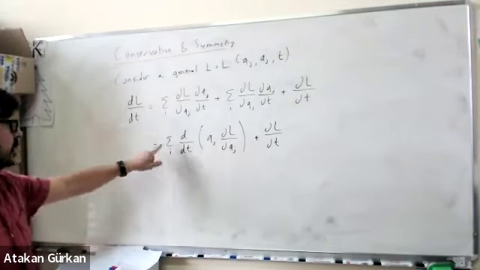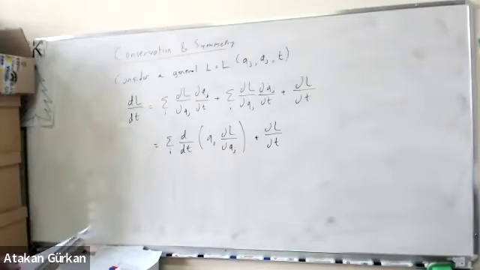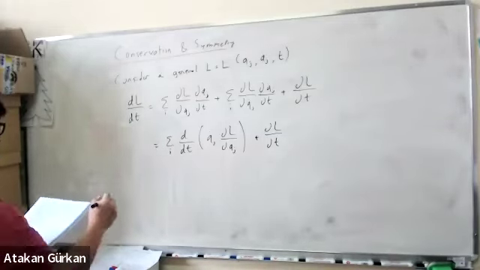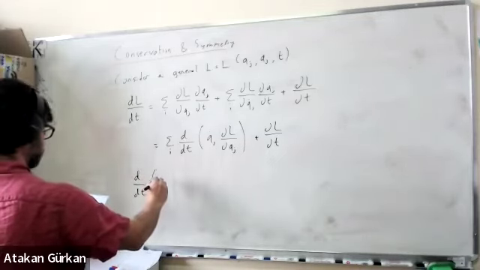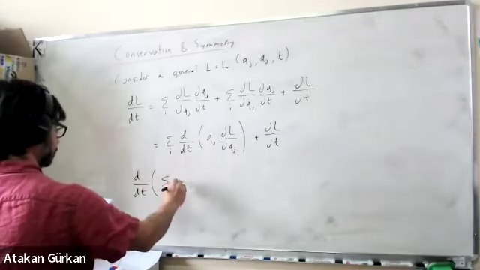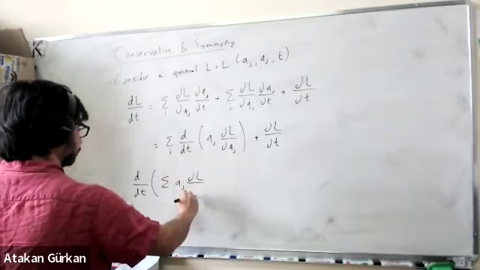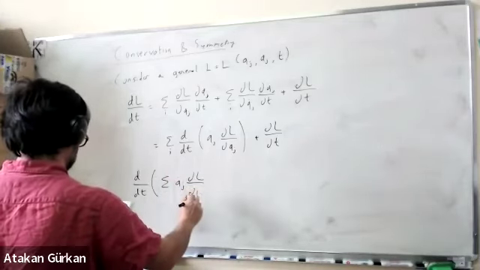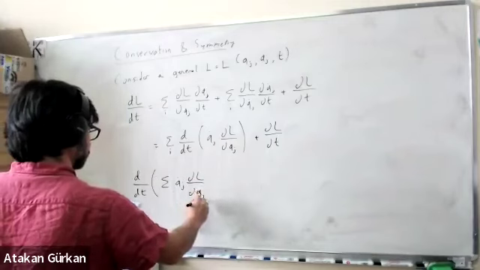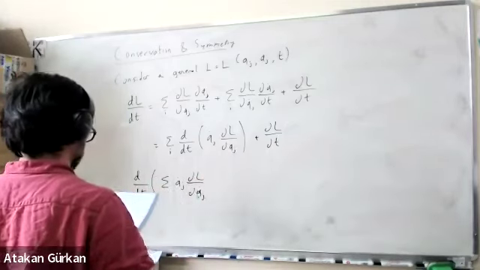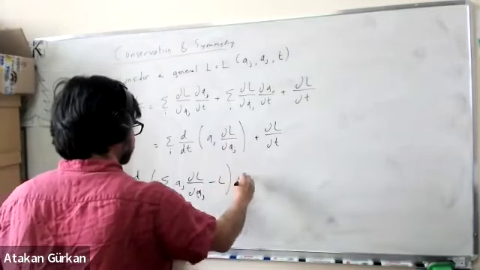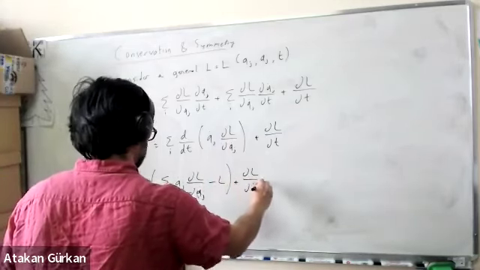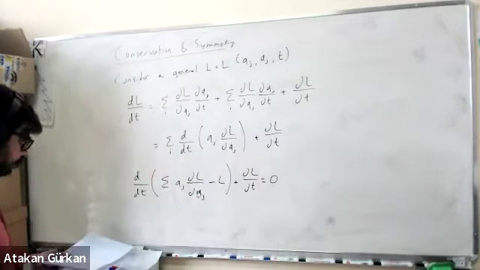There's a total time derivative here, and a total time derivative here. So I can collect those terms and say d by dt of the sum of Qj dot times the partials of L by Qj dot, minus L, plus partial of L by partial t is going to be 0.